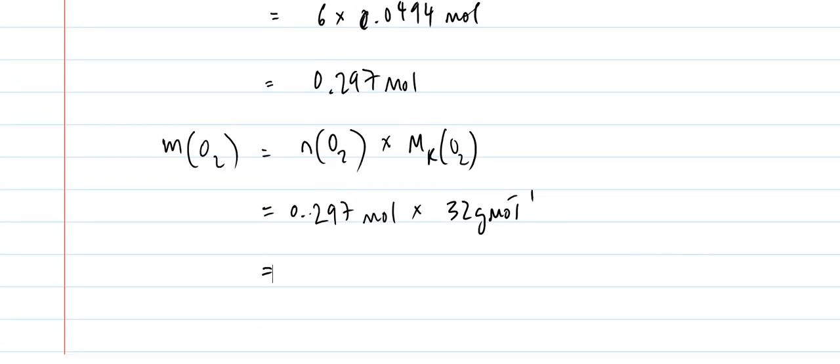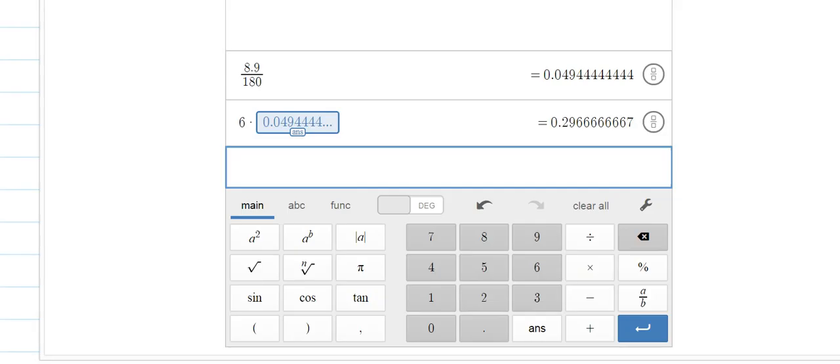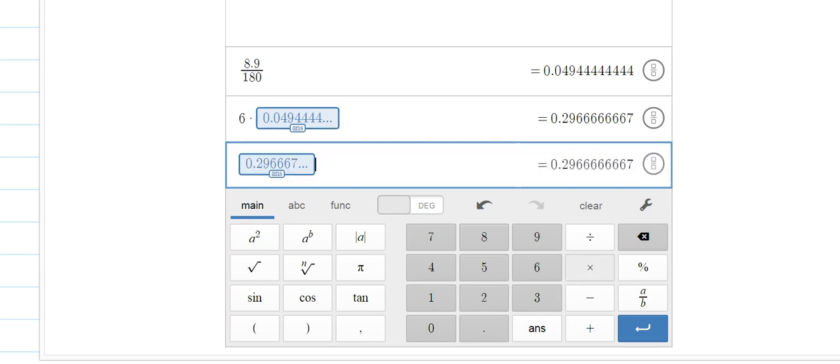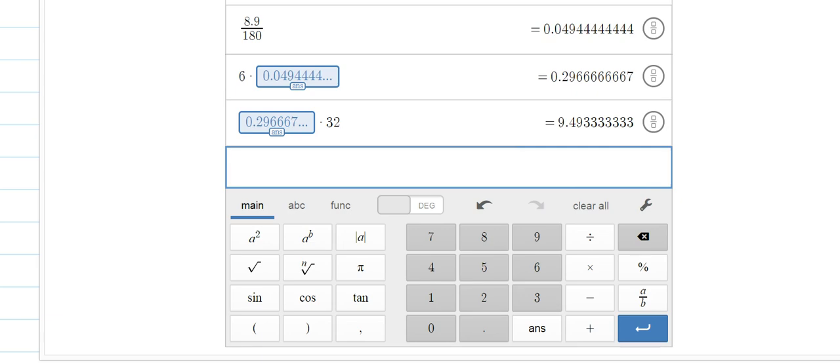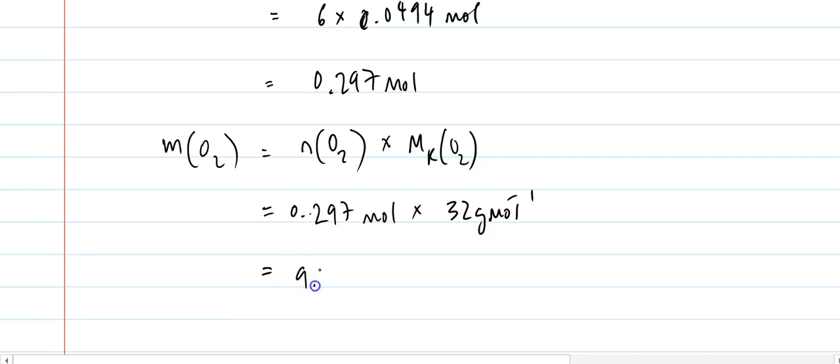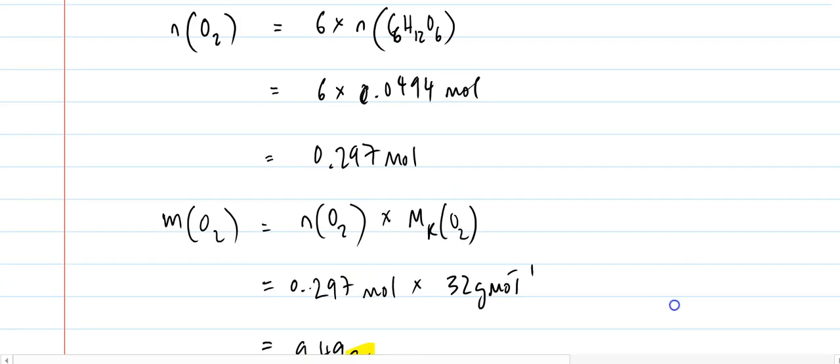It can be really messy writing all the units out within your calculations, but it is essential that you write out the units for your final answers. So when you get to the end of a calculation like I am here, so I've worked out the final value of the mass of oxygen, you must show the unit at the very end.